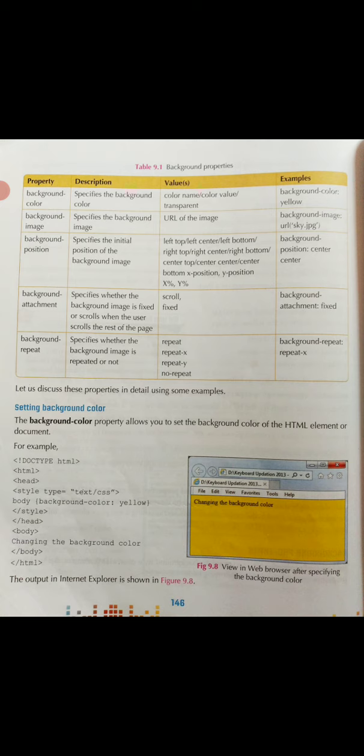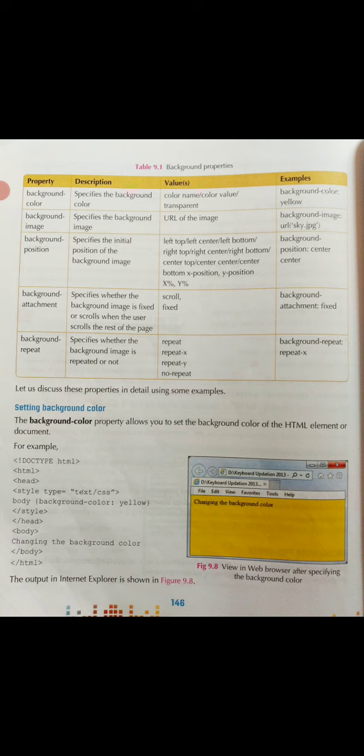Then the third one you come to, background position. It specifies the initial position of the background image. Here it will select the position of your background image. In what particular position you want to give? In the right, left, top, bottom, center, whatever position you want to give. You can say in short the alignment of a background, or the position of the background.